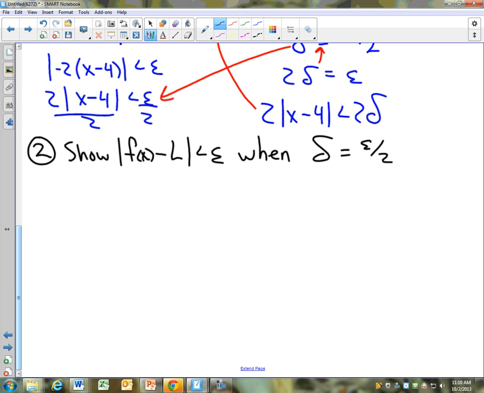What do I write for this first part? We just did it. 3 minus 2x plus 5, which is 8 minus 2x. Just use the work that you've done above. That is equal to what?